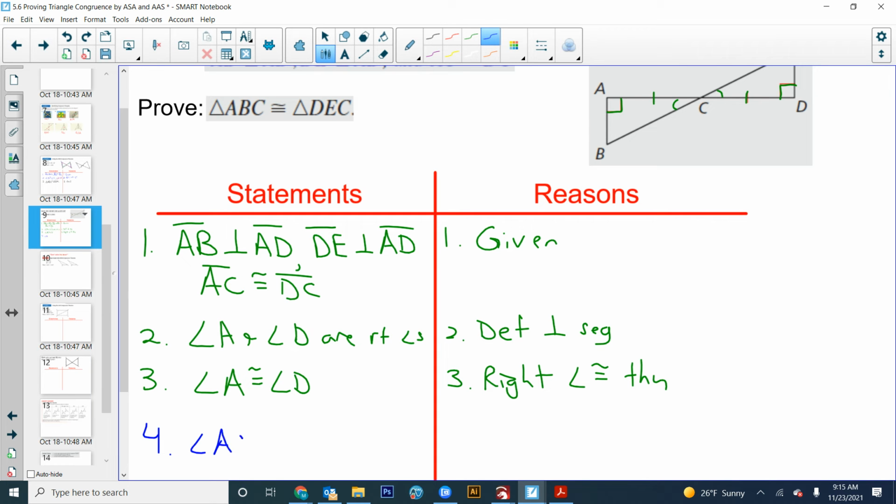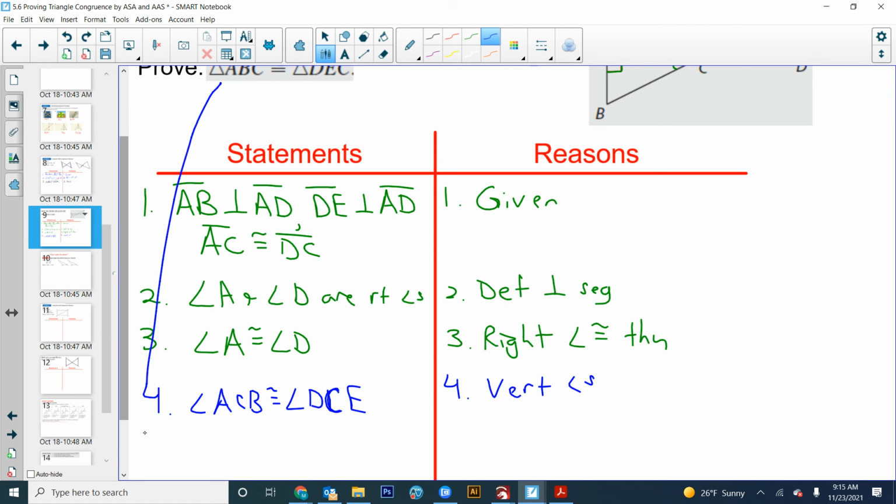Angle ACB is congruent to angle DCE. That's a C. Vertical angles. So the triangles are congruent by, I'm going to run out of room or time. Step 5, the triangles are congruent by A, S, A. Yes, does that make sense?